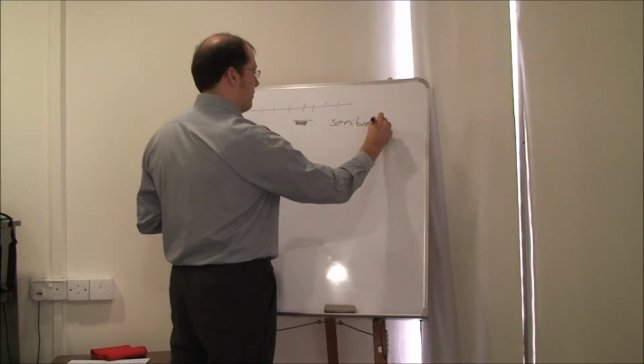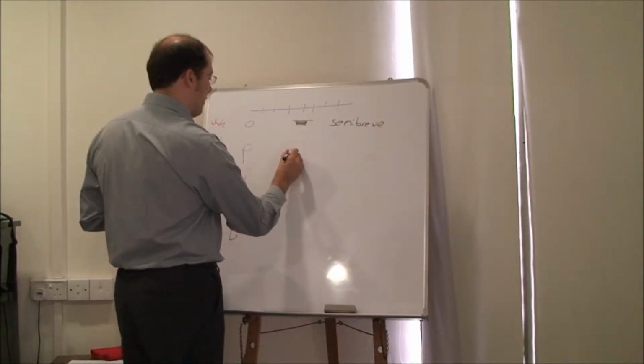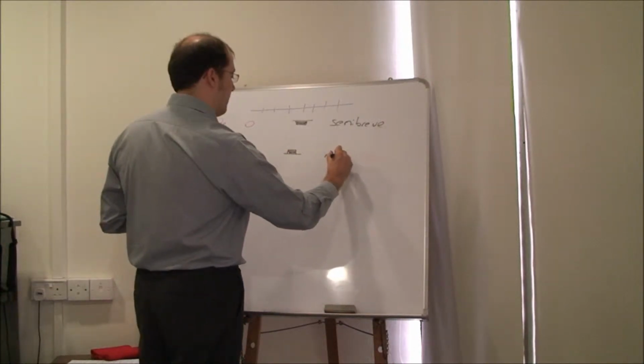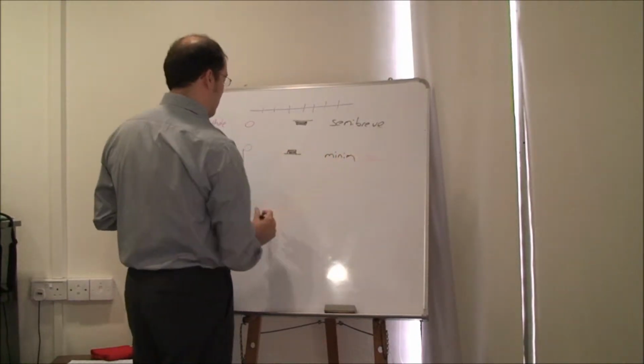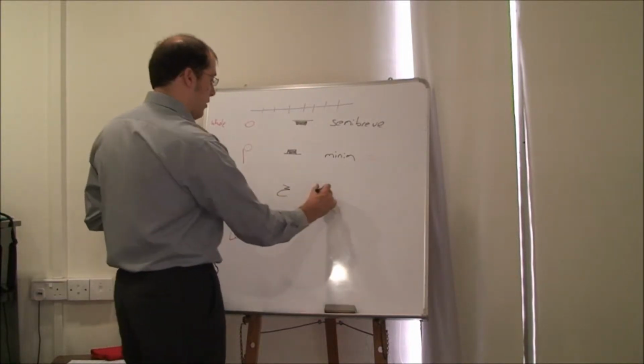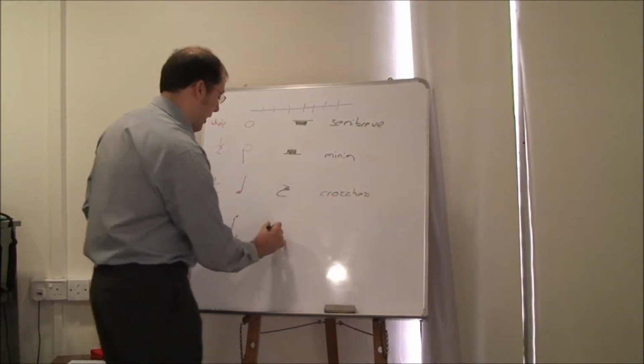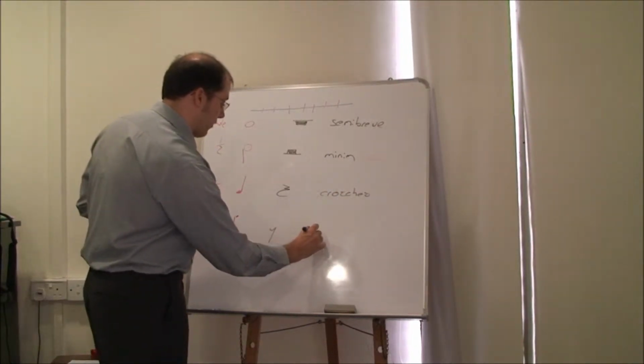Semibreve. And the minim rest looks like that. The crotchet rest looks like that. And finally, here's your quaver.